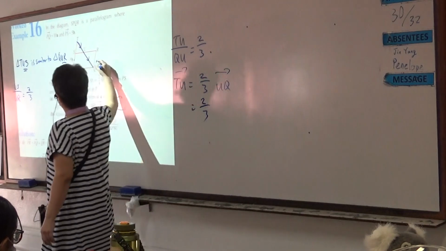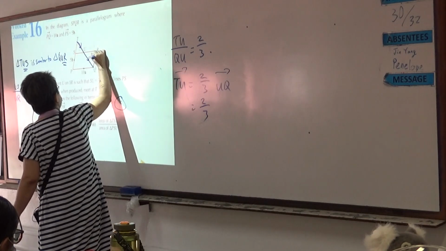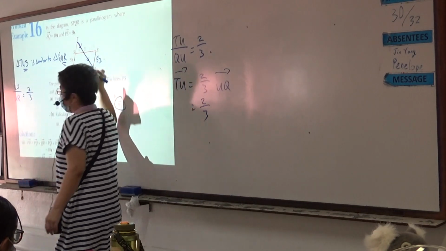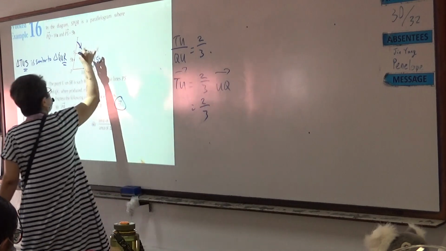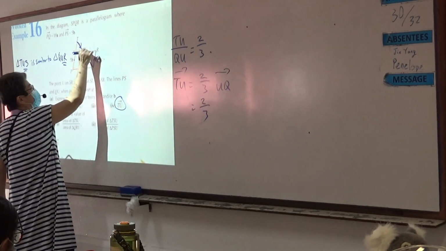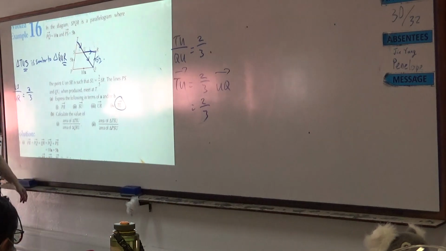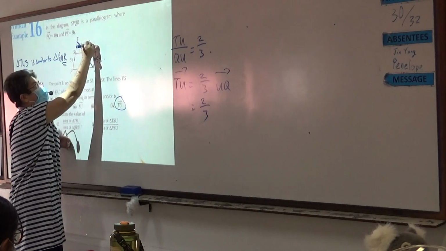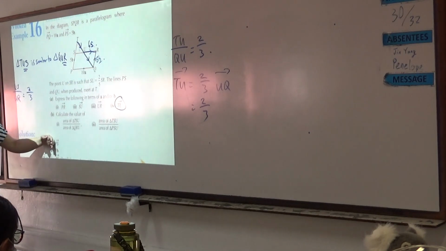Okay. Now all look up. This one is 5B, right? I go this direction. This one is what? 6A, right? Just now I say it. Okay, I do another way.